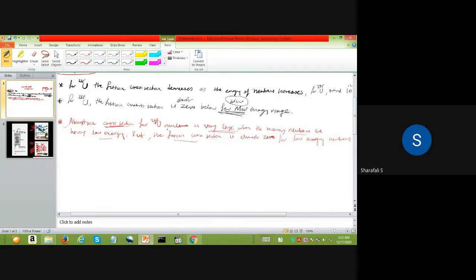So in this kind of situation, the nucleus absorbs neutrons, but they will not undergo the fission reaction.